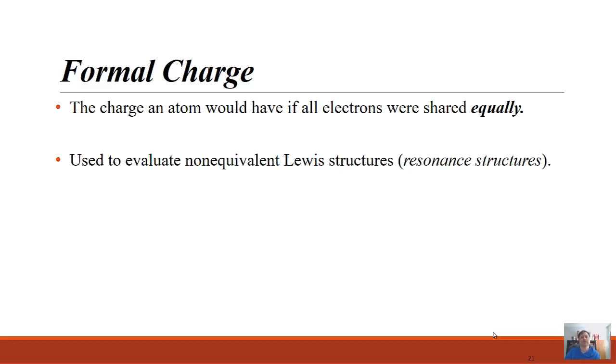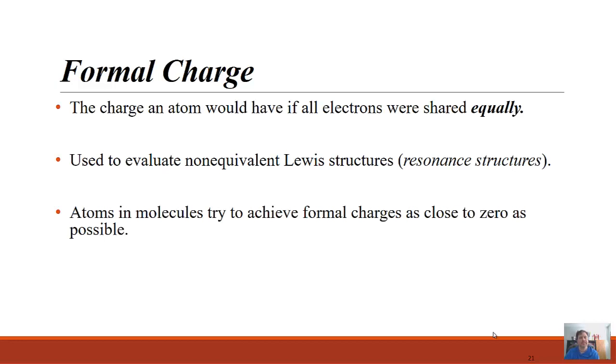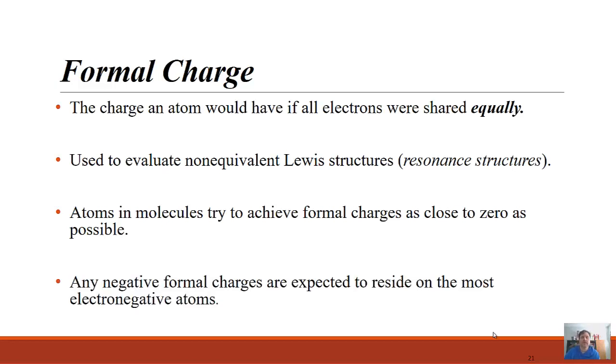Which one is the most likely to be correct? What we see is that atoms and molecules really want to achieve a formal charge as close to 0 as possible. That's their goal. If we have any negative formal charges, those should be found on our most electronegative atoms, because those are going to have the strongest pull.